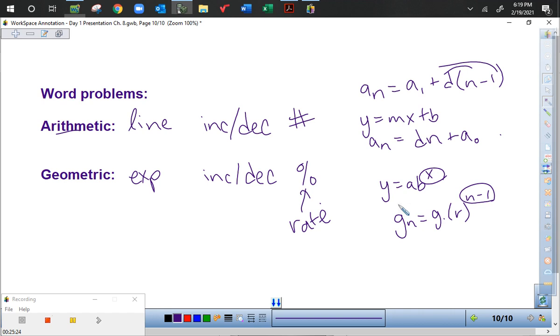Some of these word problems, you will use the regular power of x because it wants you to have 0 be the beginning. Some of the word problems, 1 is going to be the beginning, and you really want to use this formula that you have on your note card. Okay, so do be careful with geometric, and of course if you have any questions, please come see me.